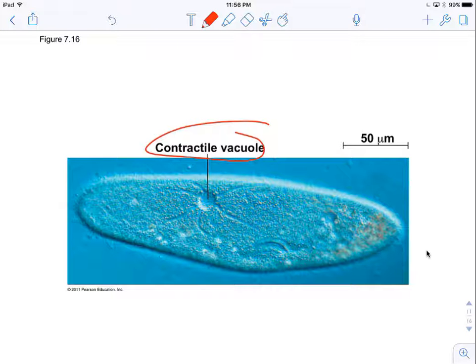So it collects water, it's a vacuole, it will collect all the water from the cell, and then it shoots it out of the cell. And then that causes the cell to shrink back to its normal size. It doesn't get all swollen. Of course, it's a continual process because it's in a hypotonic solution, it'll still always be taking on water from its environment.